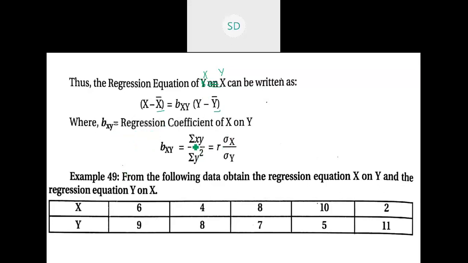Summation xy divided by summation y square, which is equal to correlation coefficient into standard deviation of x by standard deviation of y. So this is how we end up with two regression coefficients, that is x on y that is given here and y on x that we saw previously.